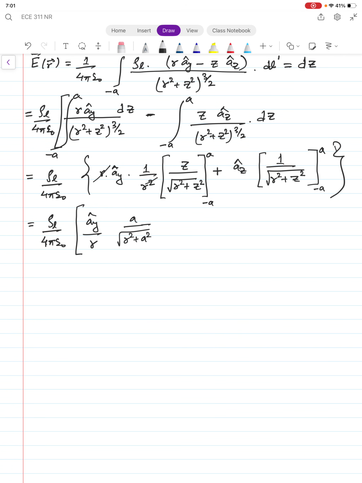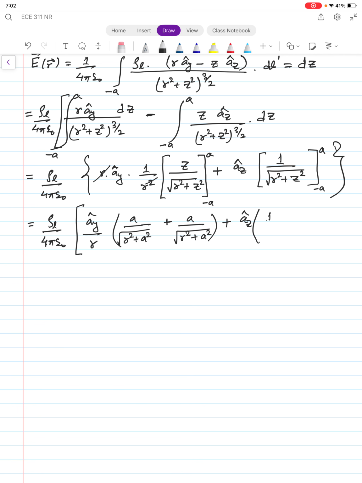Okay, ideally I'll have a negative, but when I replace g by negative a, it again becomes positive. So we get r square plus a square for the second term as well. And this term over there stays as a sub z.